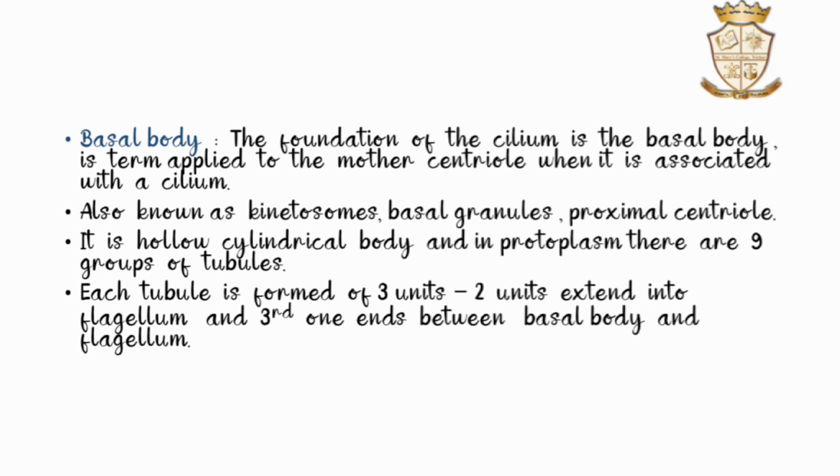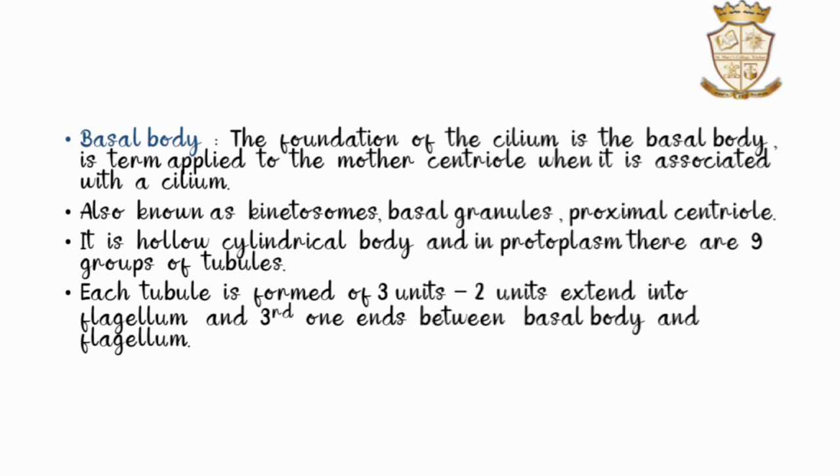Next, the basal body of the cilium. The foundation of the cilium is the basal body, a term applied to the mother centriole when it is associated with the cilium, also known as kinetosome, basal granule, or proximal centriole. It is a hollow cylindrical body, and in its protoplasm there are 9 groups of tubules.